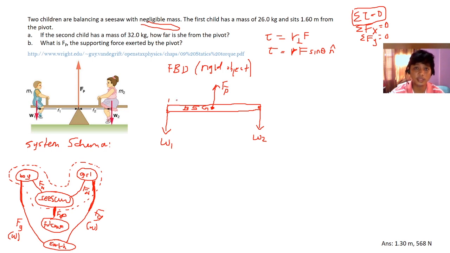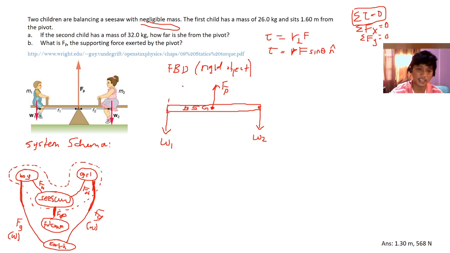Now, that opens up possibilities for strategic methods of where you need to place your axis of rotation. And strategically speaking, the best place to put your axis of rotation is where it hits a force that is kind of vague, that you don't know much about.